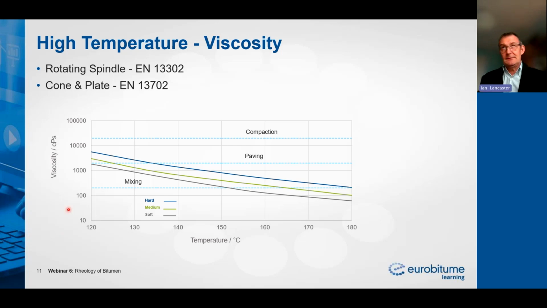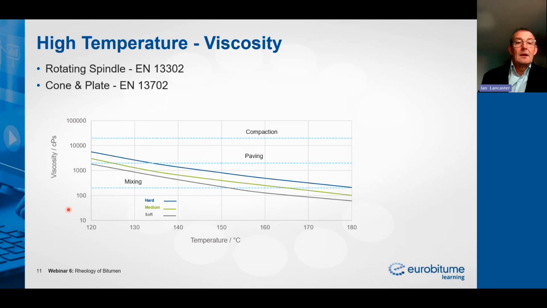Why is that important? Well, history teaches us, and there are some well-documented publications, that there are certain critical viscosities that we must achieve to ensure that mixing, in the case of an asphalt, paving and compaction, there are critical viscosities that we must meet, and those viscosities are related to temperature.